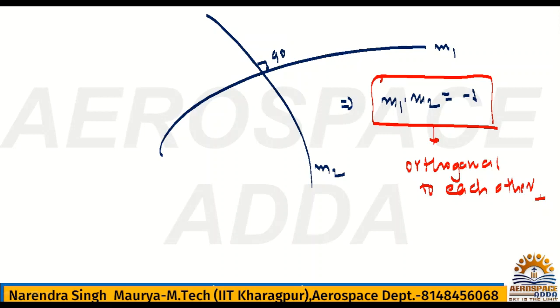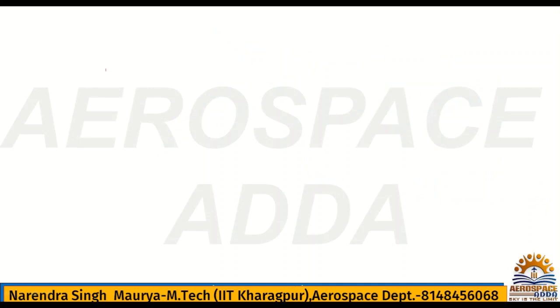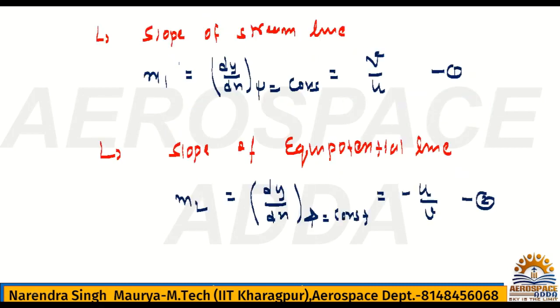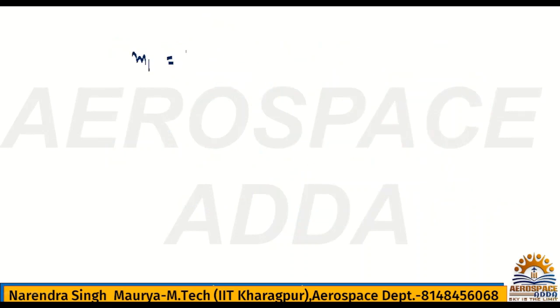Okay, we had seen. Now, we have the slope of the streamline and the slope of the equipotential line. Both, if you check: m1, which is the slope of the streamline, is v by u, and what is m2?